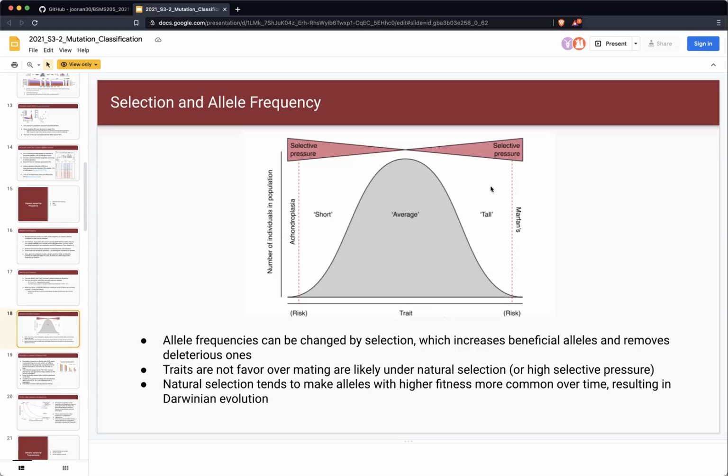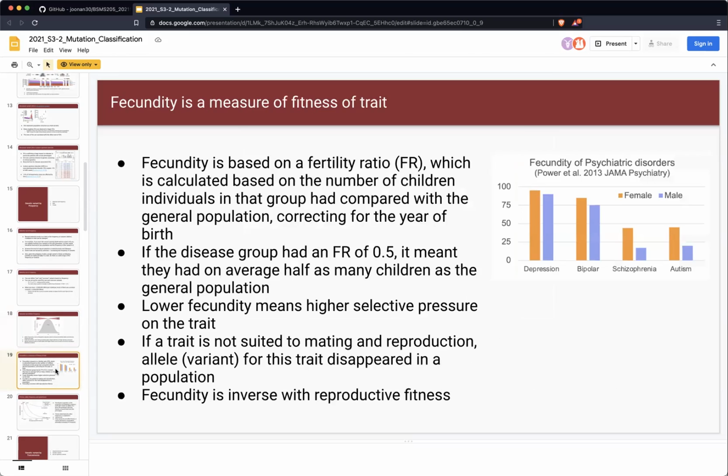And we discussed this part with the examples of achondroplasia and Marfan syndrome, and also in the sense of the polygenic model. And if you look at natural selection, one key terminology you can think about is fecundity, right? Fecundity is a measure of the fitness of a trait.